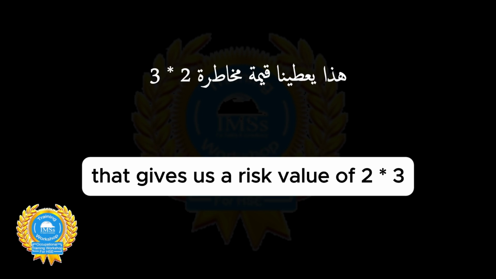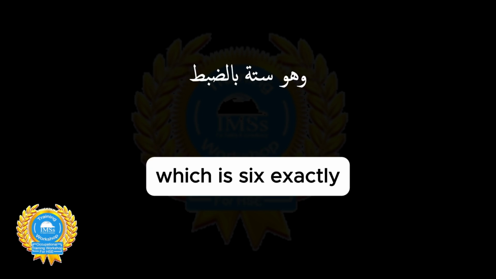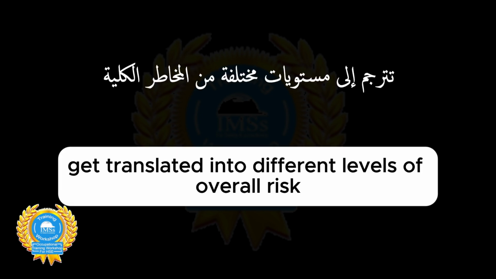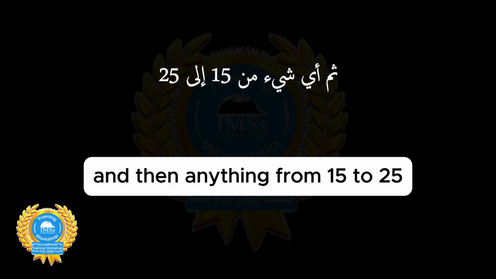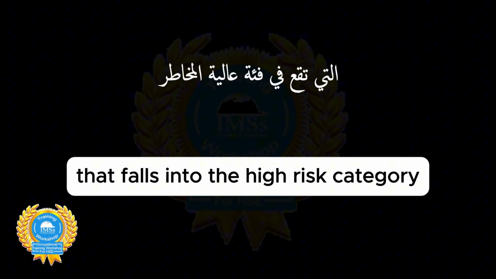That gives us a risk value of 2 times 3, which is 6. Those risk values then get translated into different levels of overall risk. A risk value of 1 to 6 is generally low risk. 8 to 12 is medium risk. And anything from 15 to 25 falls into the high risk category.